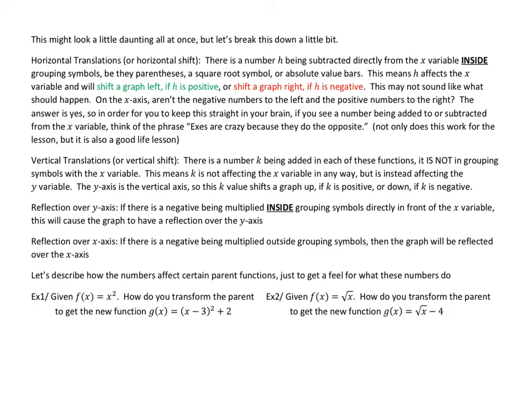So all of that table is daunting to see all at once. So here I'm going to break it down, and this is a lot of reading and a lot of explaining, but it will break everything down that you need to know. So the first type of translation that we are going to look at is the horizontal translation.